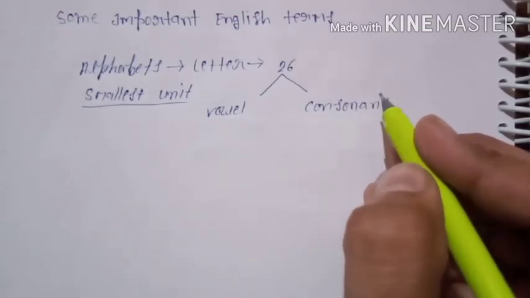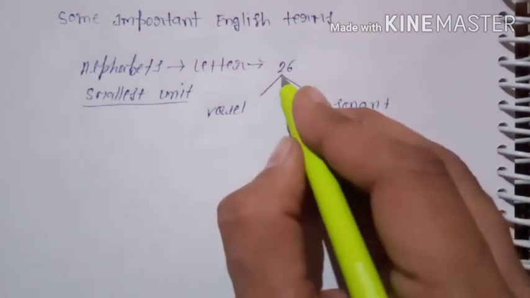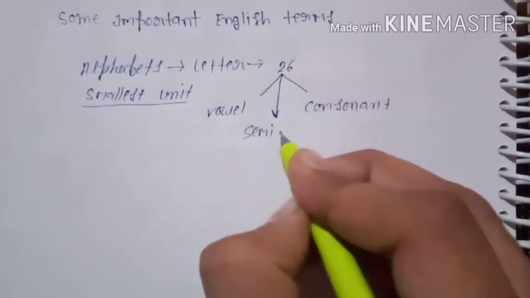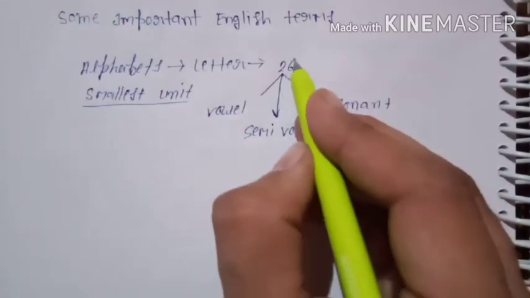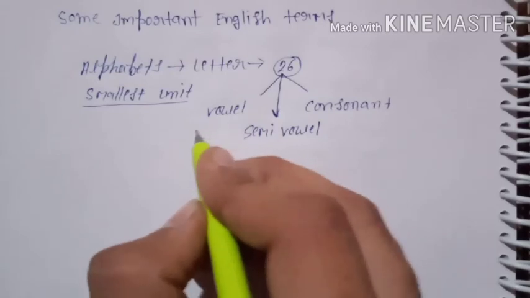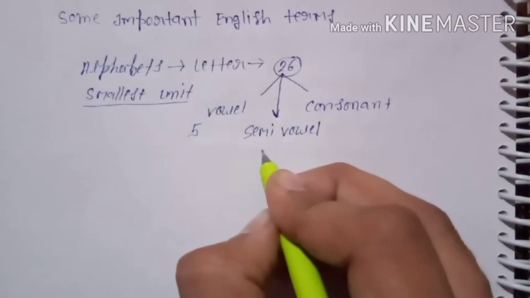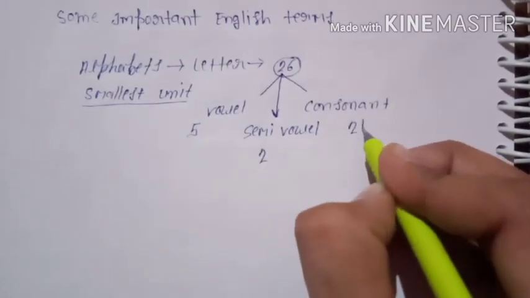But there is another part also which is called semi-vowel. Total 26 letters are divided: there are 5 in vowel, 2 in semi-vowel and 21 in consonant.